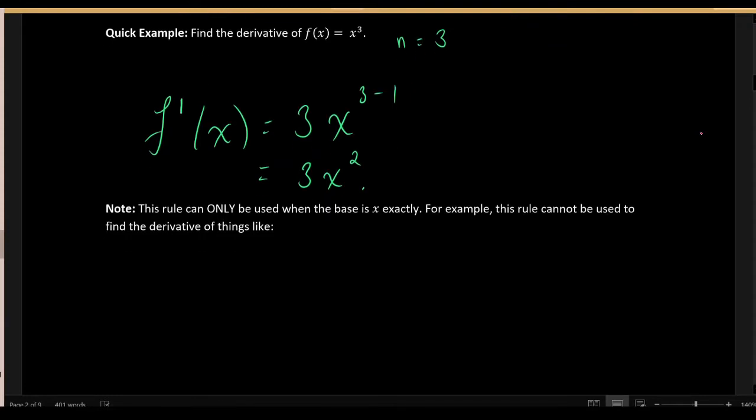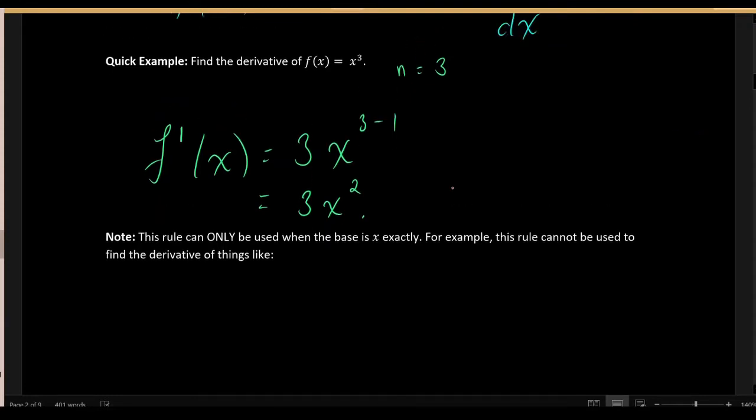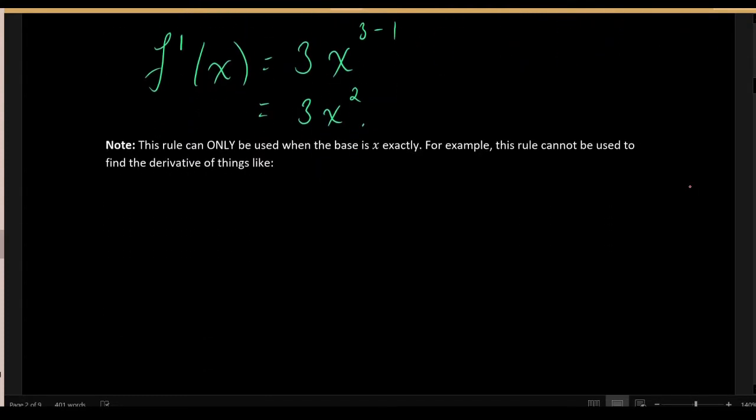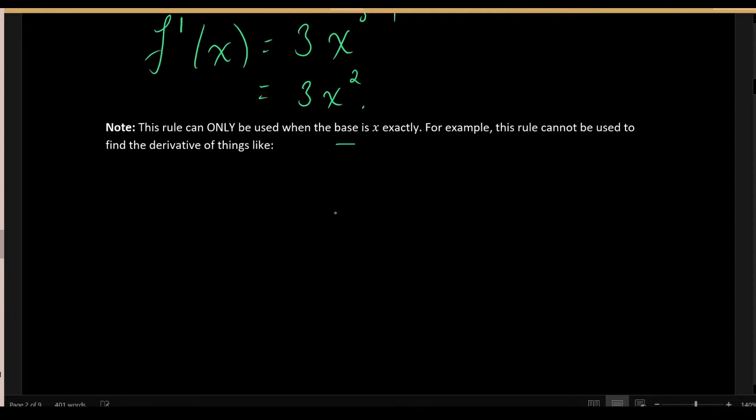Now, you got to be a little bit careful, because this rule can only be applied to functions of this specific format, specifically x to some power. This rule does not work if the base is anything other than just x. So for example, you cannot use this rule if you're working with something like 2x to the power 3.